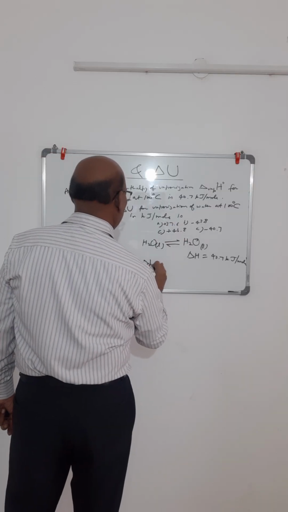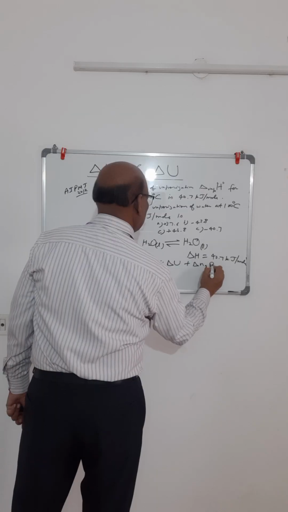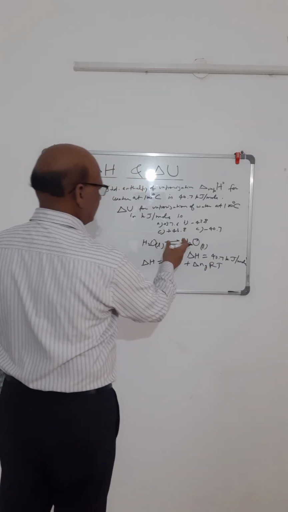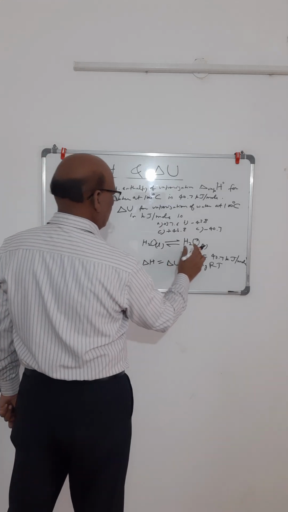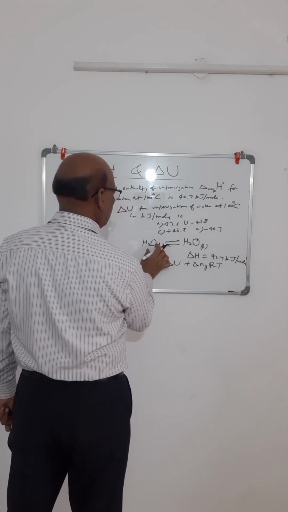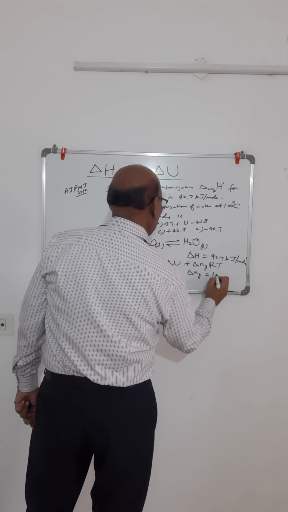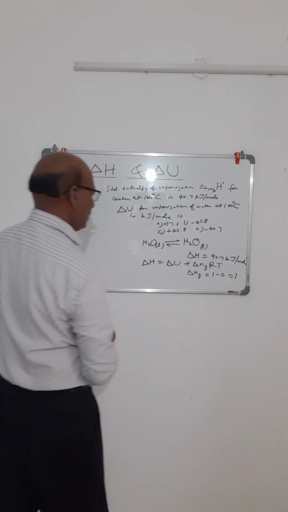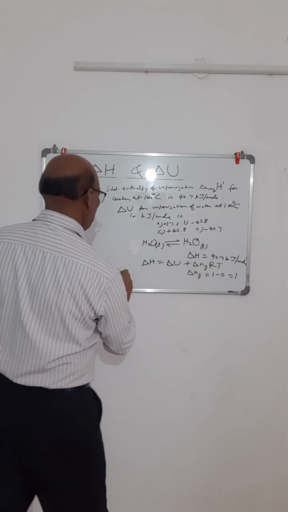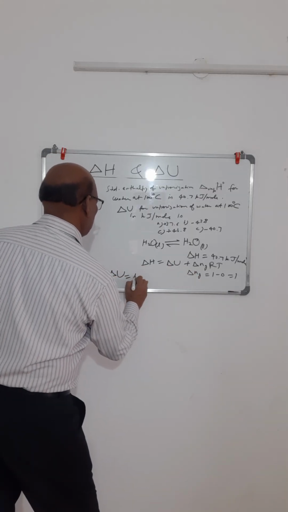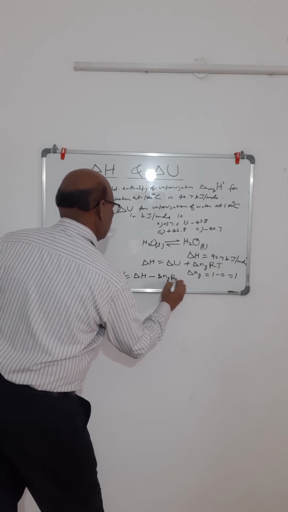So we will write delta H equal to delta U plus delta Ng RT. There is no reaction taking place here, but there is a change in the number of moles because H2O is in gaseous form here, and in liquid form initially. So delta Ng I can write as 1 minus 0, that is 1. Now we can easily find the value of delta U: delta U will be delta H minus delta Ng RT.